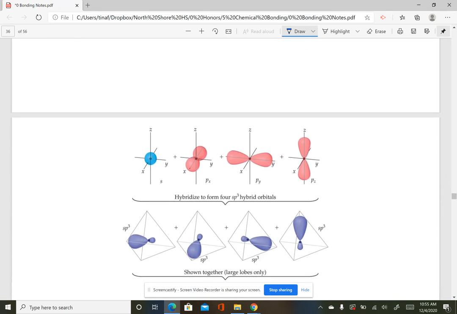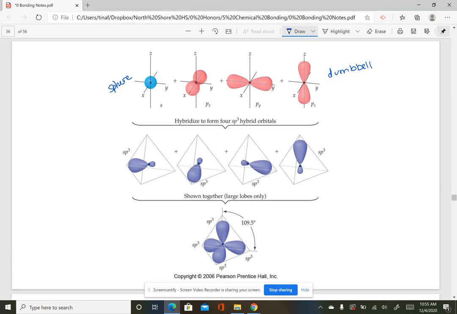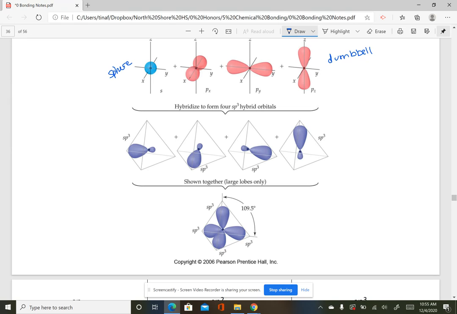So we remember from the atom unit that s orbitals have a spherical shape, and the p orbitals have a dumbbell shape. Okay, so when the s and the p orbitals overlap, we get a new shape.